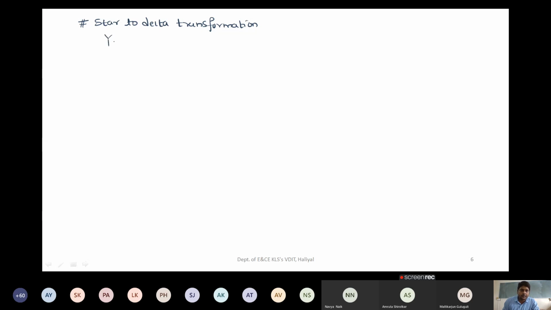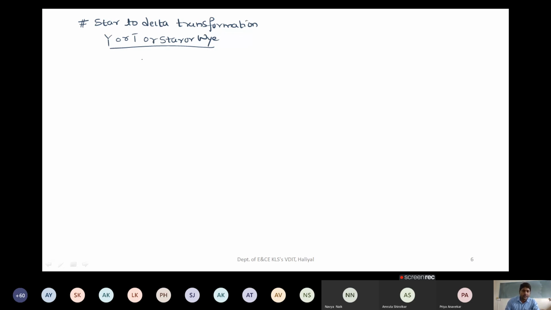It is called star, or Y, or T, or sometimes just Y. Any of these namings are the same. Don't stick only to syllabus wording like star to delta. If the question says T instead of star, it is not out of syllabus, so you have to analyze it properly.